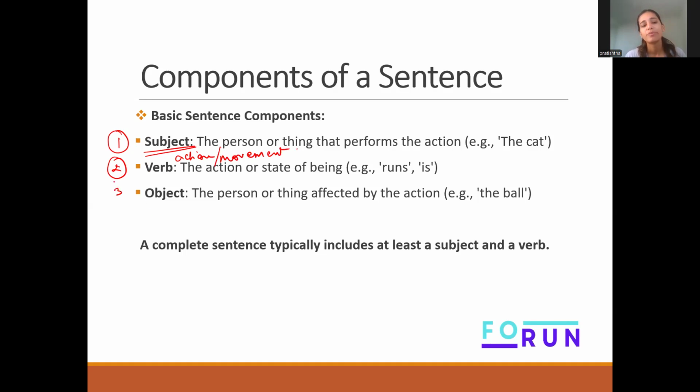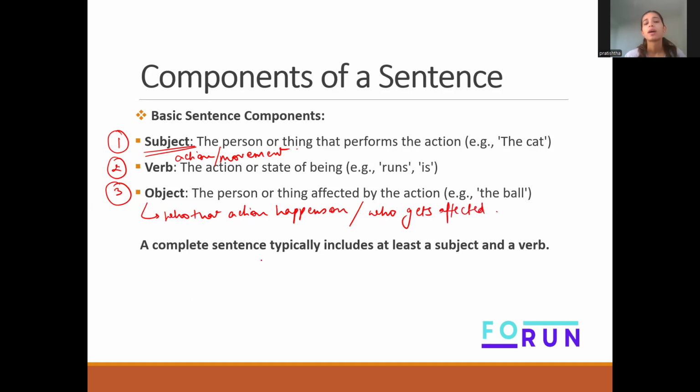Then you have the object. The subject is doing an action, but on what? What is that action happening on? Who is that affecting? So the object refers to who the action happens on, or who gets affected by this action.